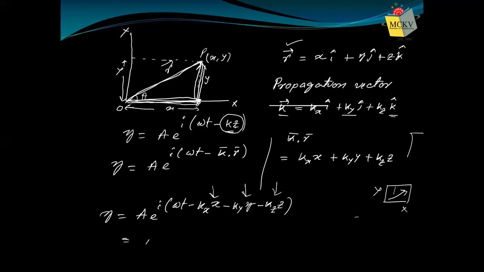And this can be simplified as i omega t minus kx x plus ky y plus kz z, that is k dot r. So I can write it simply as k dot r. That's how any wave can be written when it is propagating along an arbitrary direction, r direction. Okay. So a quick revision.